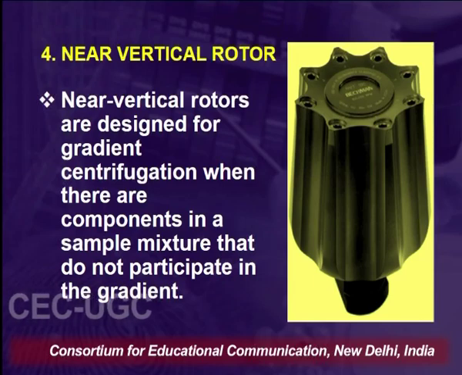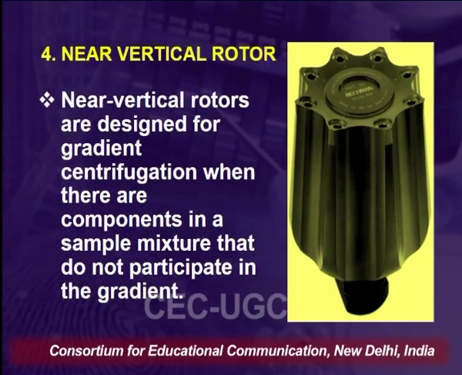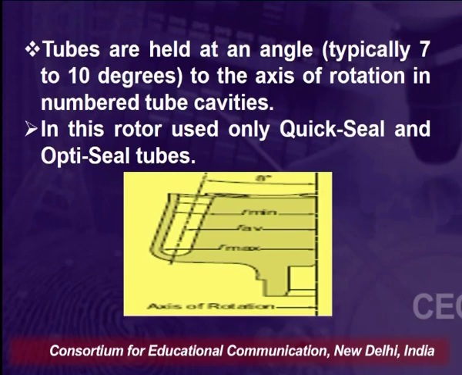Near vertical rotors are designed for gradient centrifugation where there are components that do not participate in the gradient. So, they are not properly vertical and they are not fixed angle. Their angle is between 7 and 10 degrees to the axis of rotation. This rotor is used only with quick seal and opti-seal tubes.